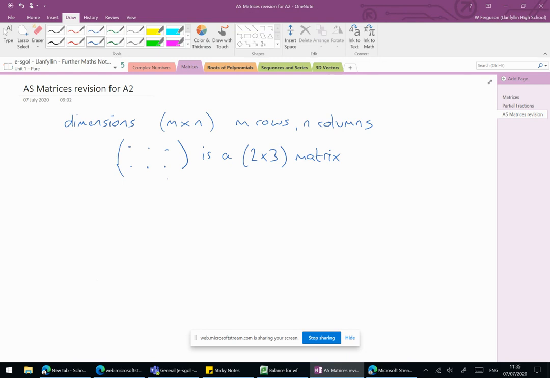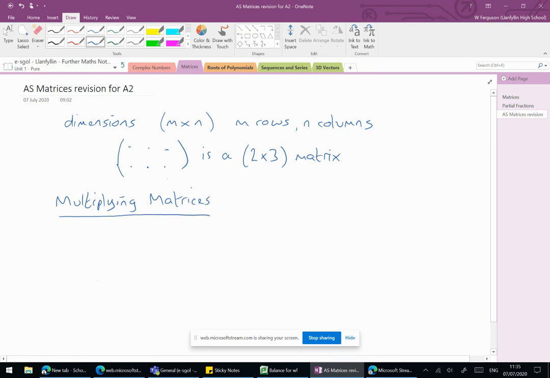Thinking about multiplying two matrices together, the dimensions of the matrices that we're multiplying is important.